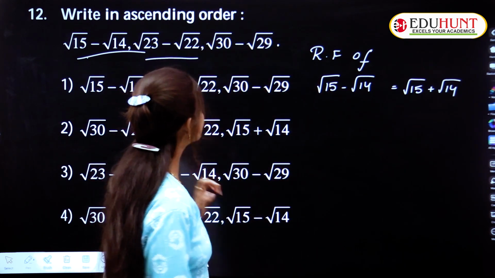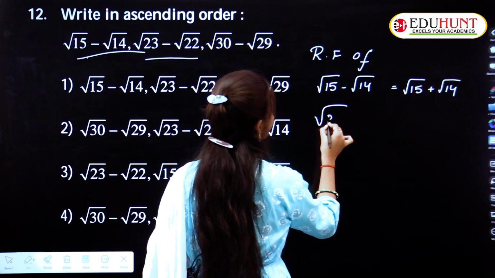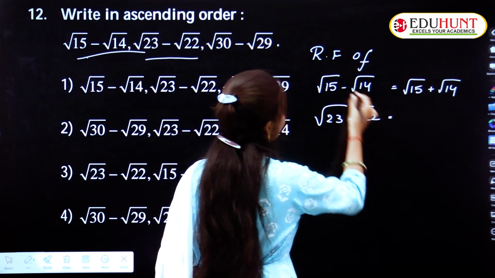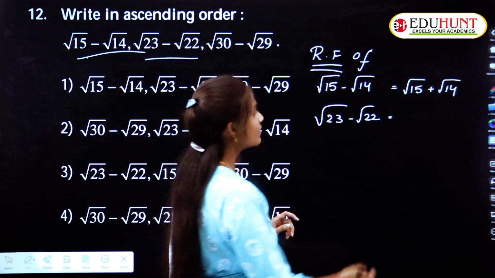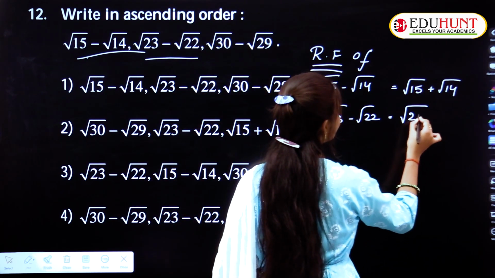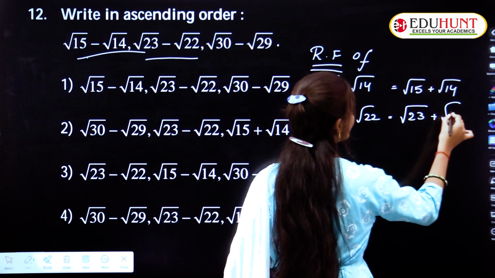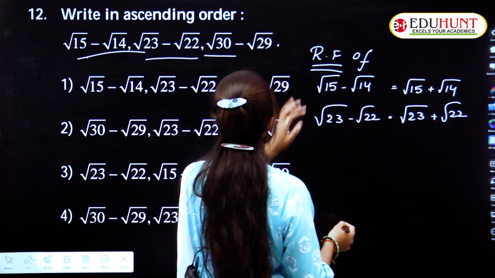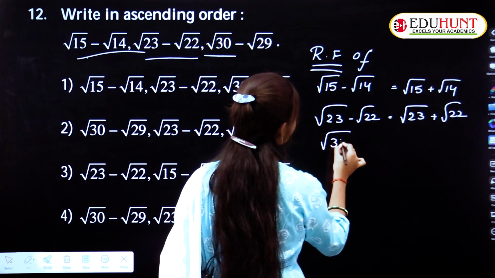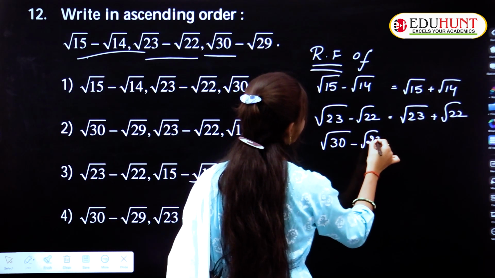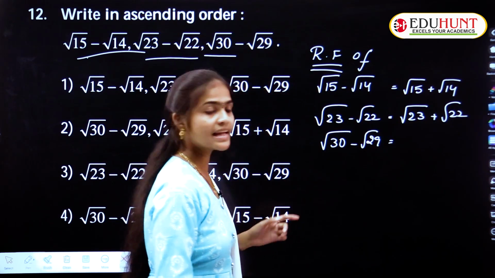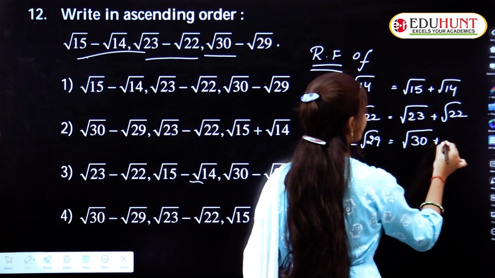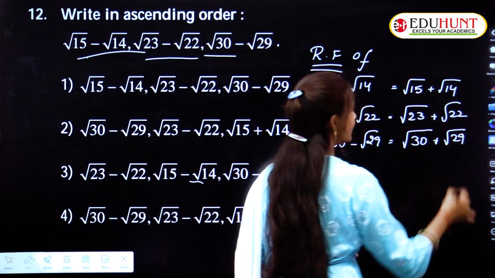Next, the second one is the square root of 23 minus the square root of 22. Its rationalizing factor is the square root of 23 plus the square root of 22. Is it clear? Next, the last one is the square root of 30 minus the square root of 29. Its rationalizing factor is the square root of 30 plus the square root of 29.